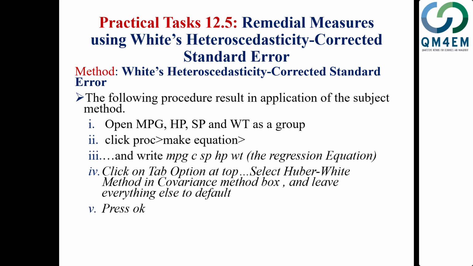That will give you the White Heteroscedastic Corrected Standard Error OLS estimators. But again, I would request that you first try yourself and then compare the output with what the video has. So let me show you how we can do that in Eviews.